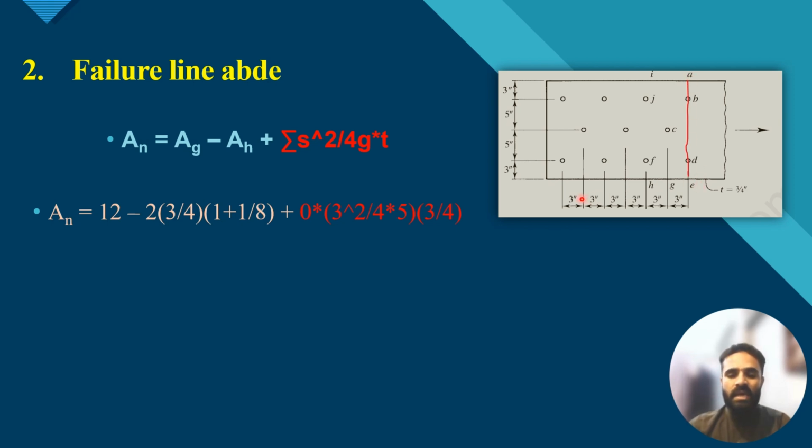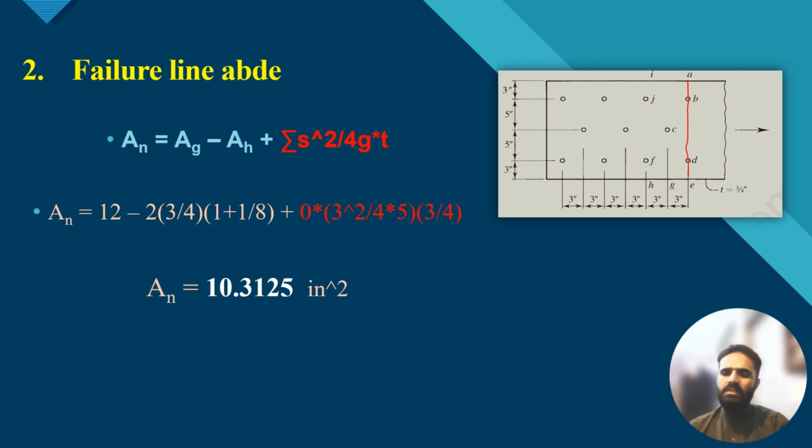None of the inclined lines are here, so instead of summation it is 0 for this factor. After calculation the net area will be 10.3125 inch square. So I get 2 net areas. Remember this. The number 1 is for staggered failure, and the second is for the straight failure.